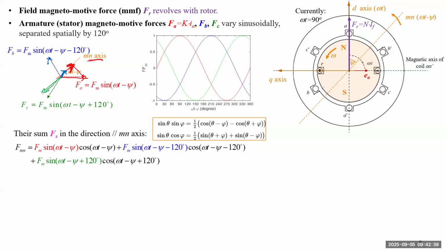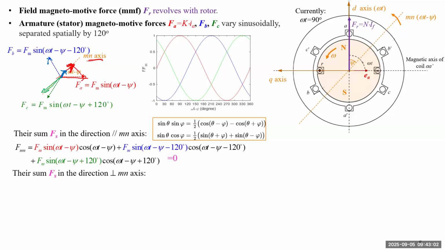We already know that from the 3-phase circuit. So the sum is always 0, and there's no net component in the direction parallel with the MN axis. So the first item is gone.